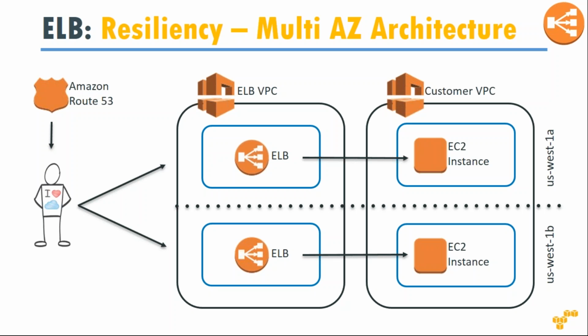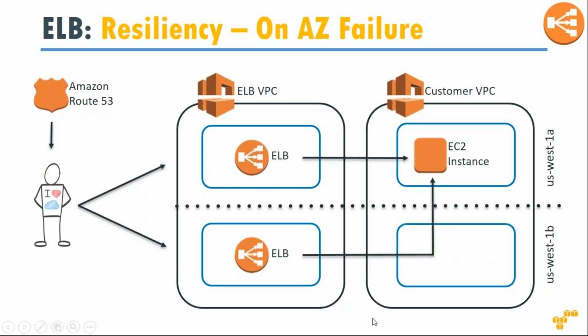So if I move forward, let us say US West 1B availability zone is having some issues, this one. If we move forward, all the traffic from here will also be routed to 1A. Of course, this will impact the performance of the 1A server.